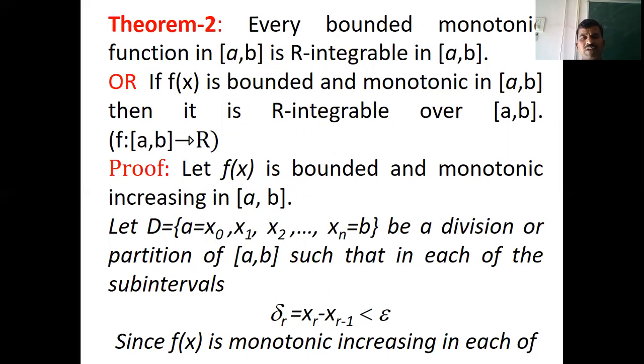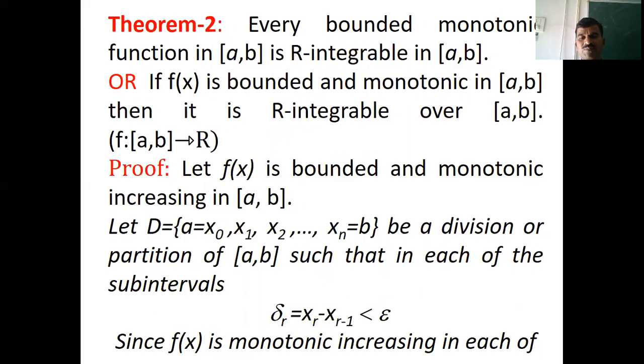Here also, let f of x be bounded and monotonic increasing. As you know, a monotonic function is either monotonically increasing or decreasing. So let f of x be bounded and monotonic increasing in the closed interval AB, and let P be a division or partition of AB such that in each subinterval the length delta r is always less than epsilon.